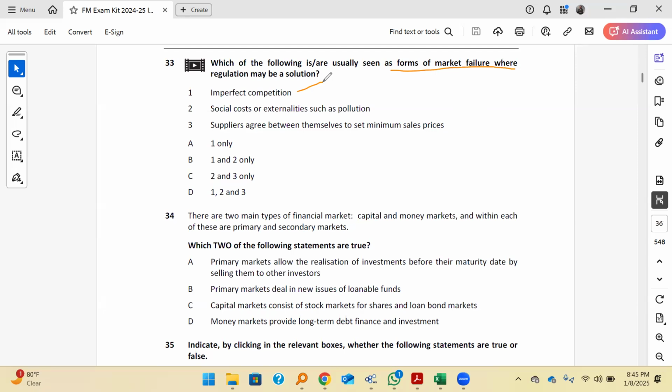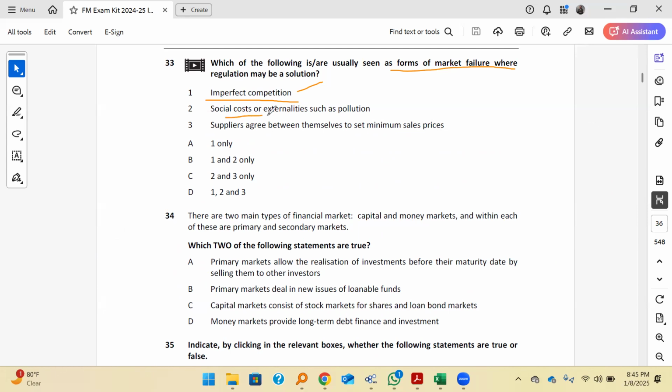Because competition is what stops sellers from overcharging you, because if they do, somebody else is going to charge less and you go there. So if perfect competition exists, then that's a good market. Therefore, imperfect competition means that that is a market failure. So that is one of them.